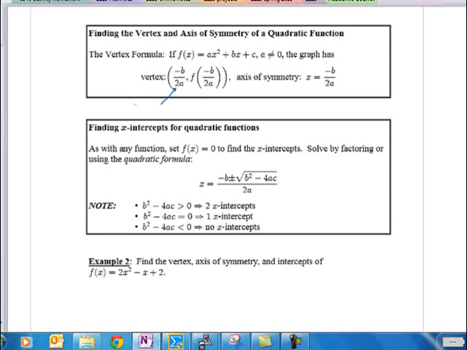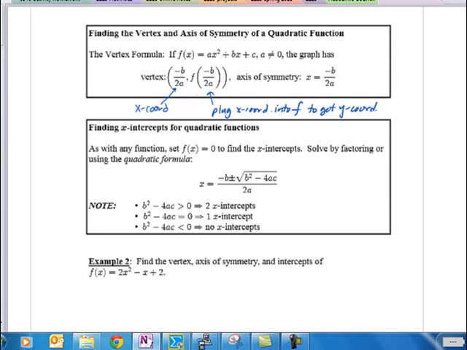And once you've found that, just plug the x coordinate into the function to find the y. So it's not like you need to memorize the pattern for the y, you just find the x using the pattern, then take the x, put it into the function, and get the y that way.